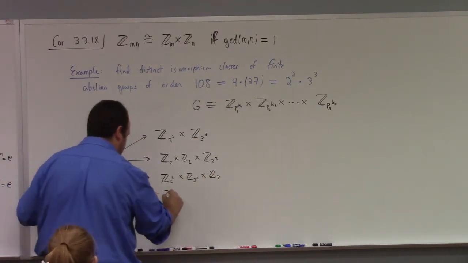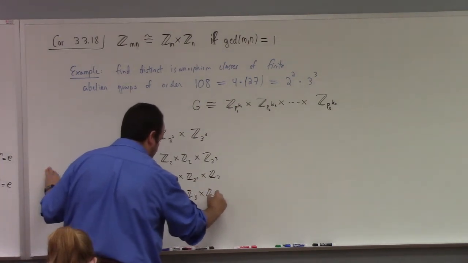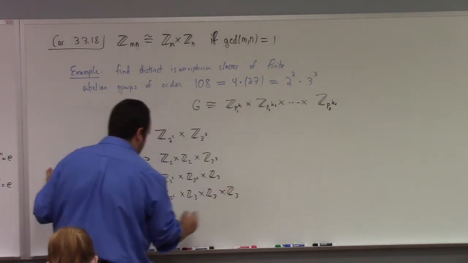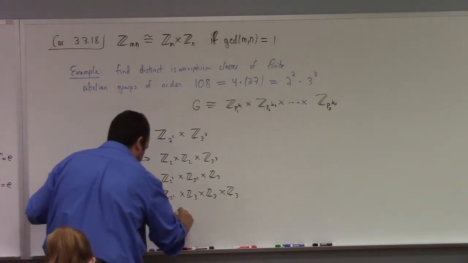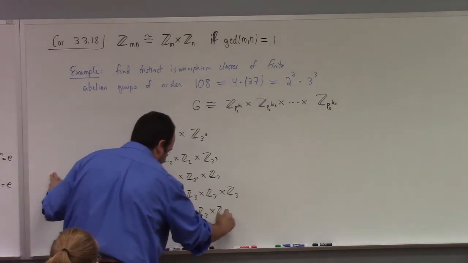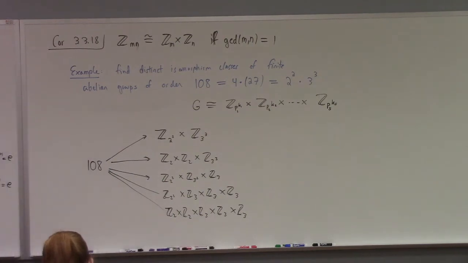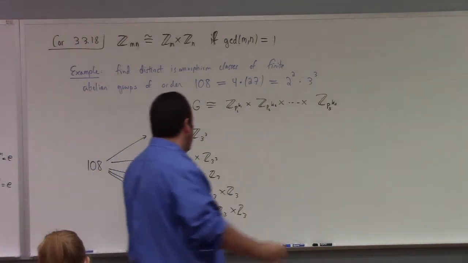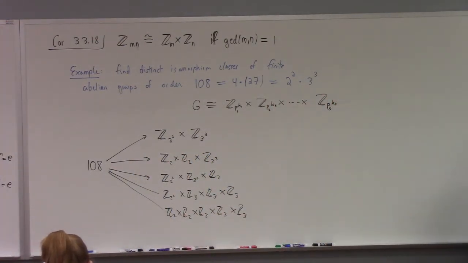Or we could do Z2 squared cross Z3 cross Z3 cross Z3. Or we could do Z2 cross Z2 cross Z3 cross Z3 cross Z3. I think them's your choices. These are the ways that we can break up, we can factor.